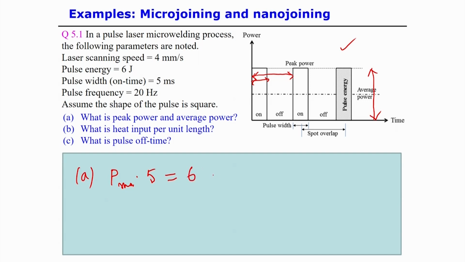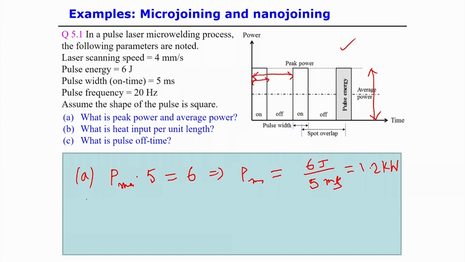So, from here we can find peak power equal to 6 joule by 5 millisecond, which is 1.2 kilowatt. So, 1.2 kilowatt is the peak power in this case.